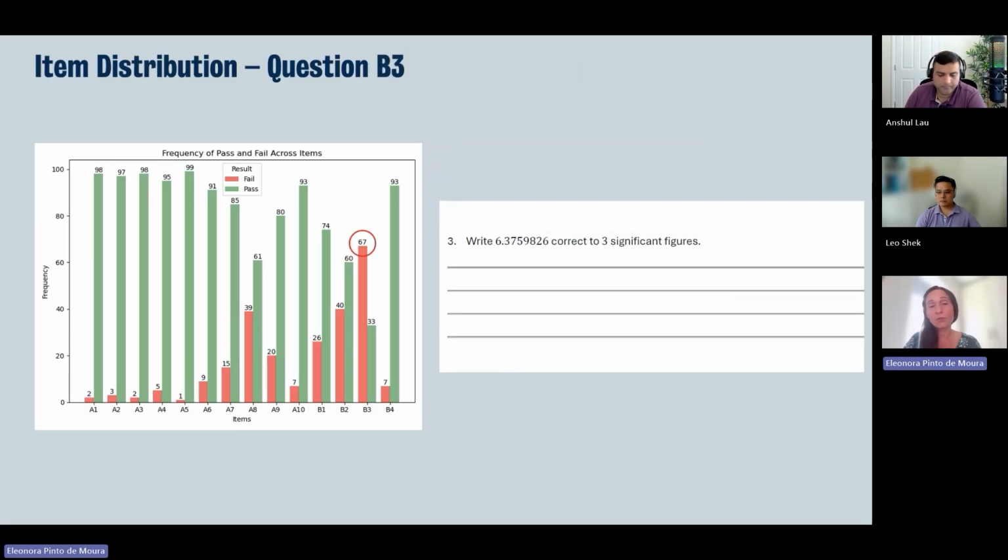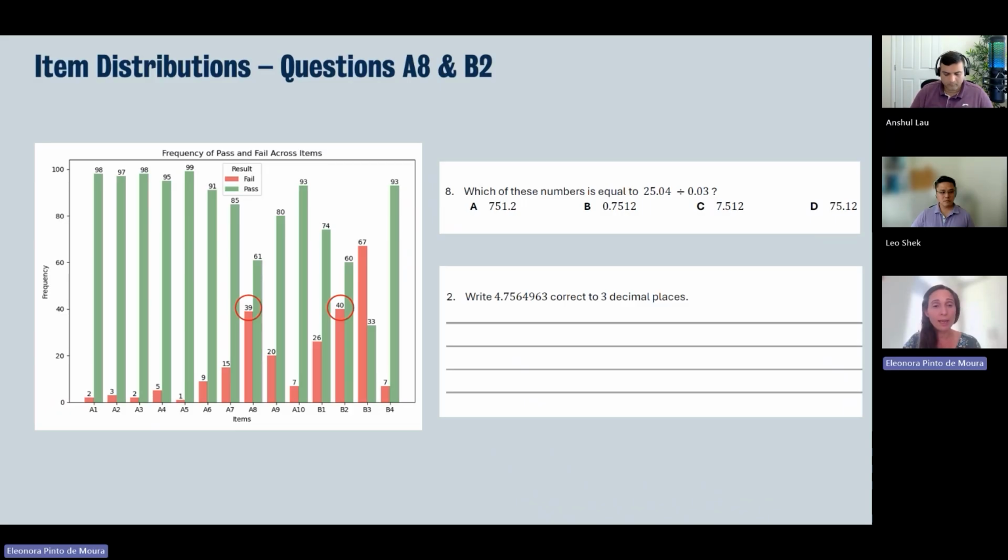We also noticed that 67 students got question B3 wrong. And we had 2 other items, A8 and B2, which had quite a high failure rate. So this breakdown gave us information about the quality of our individual questions, and also a better understanding of our students' prior knowledge.